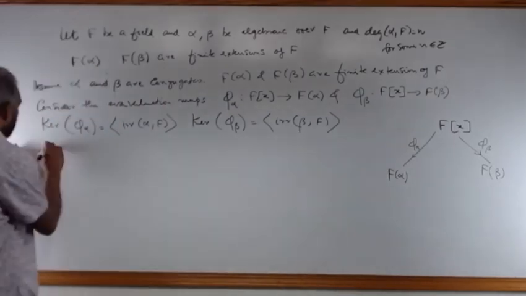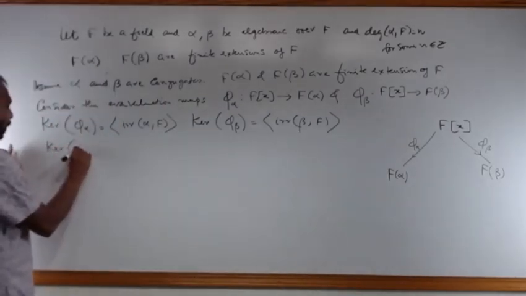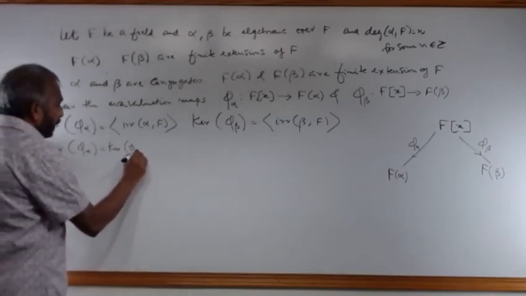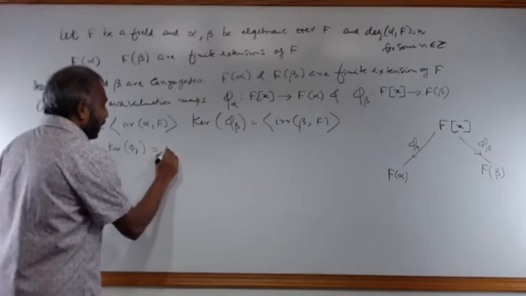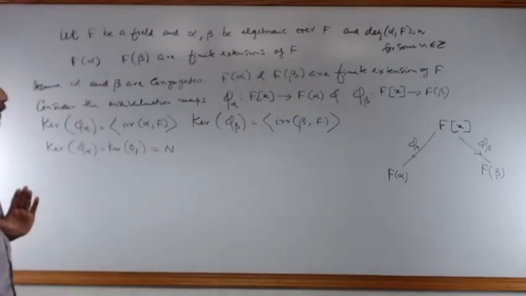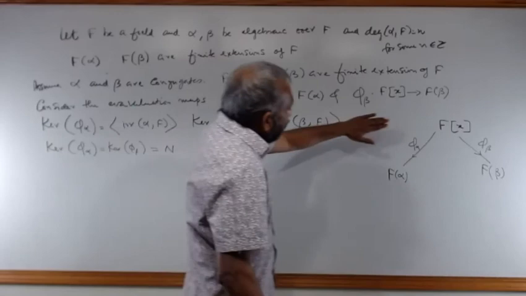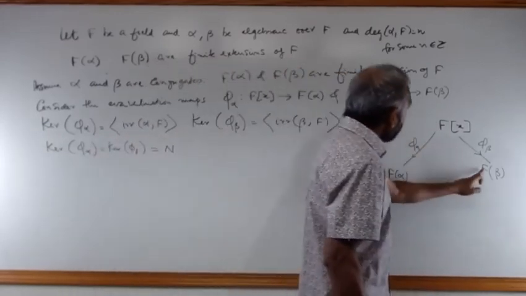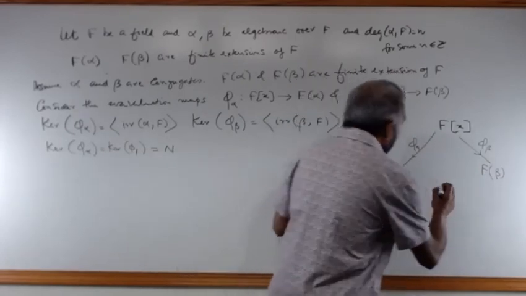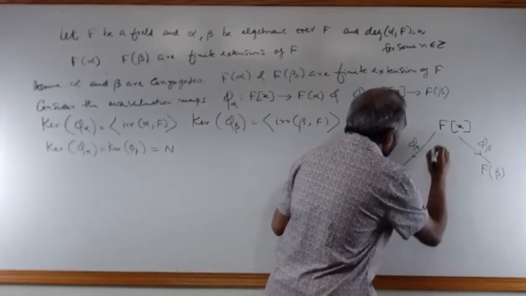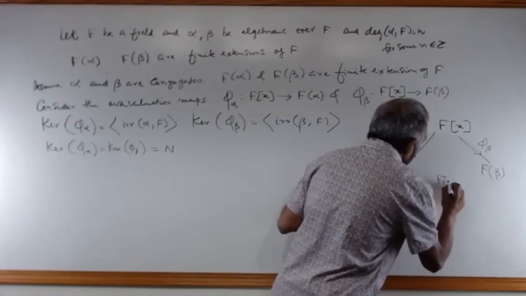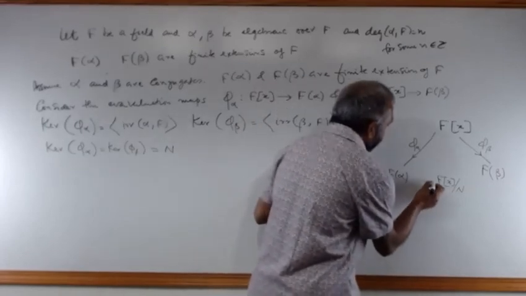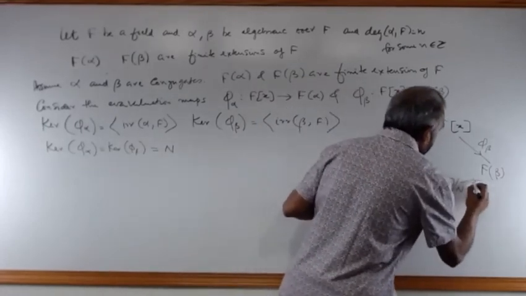So that means the kernel of phi of alpha is equal to the kernel of phi of beta, and let it be n. So this is a homomorphism with the kernel n, and this is also a homomorphism with the kernel n. So we can always talk about an isomorphism from here to here and from here to here.